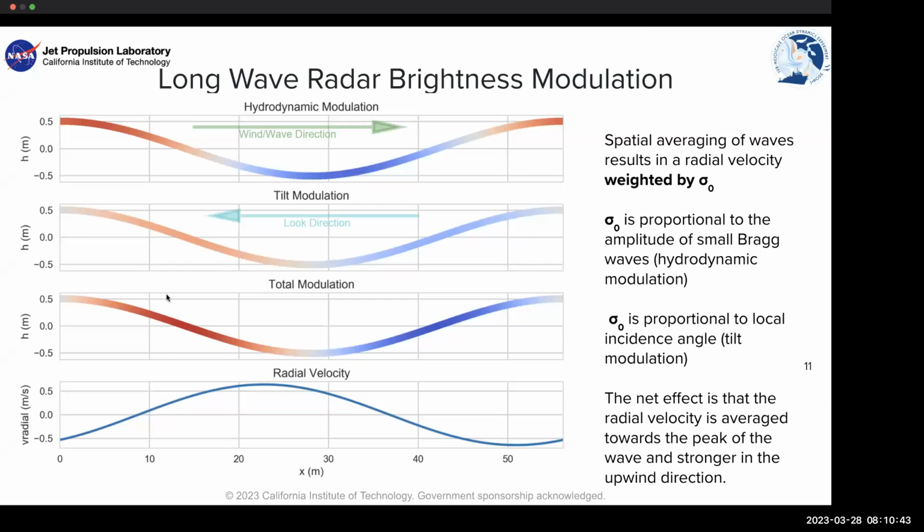If you put both of these things together, you get a picture that looks like this. You have the brightest part of the wave being not at the peak, not at the trough, but somewhere around the middle, and it is not symmetric with the darkest part. So we should expect that the radial velocities do not cancel out from the large scale waves. That's going to be something else that we need to take into account.